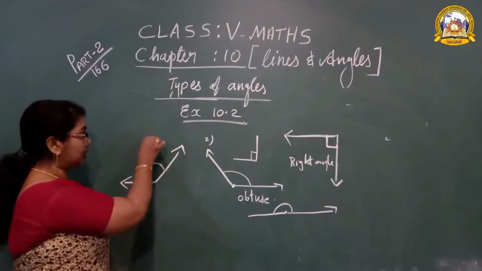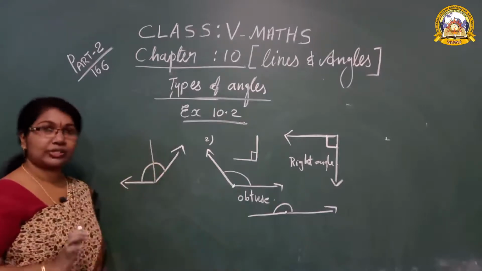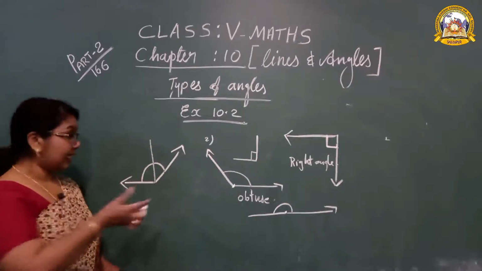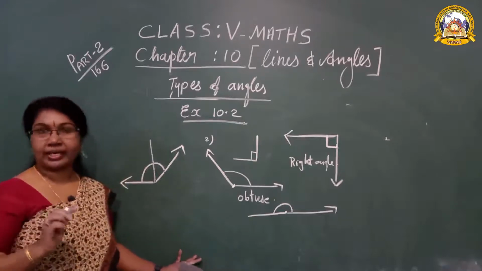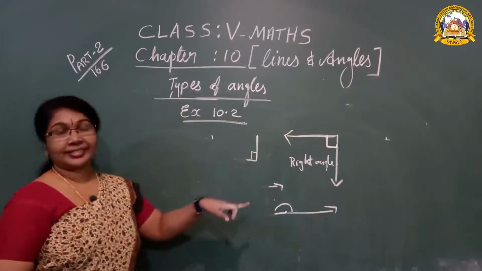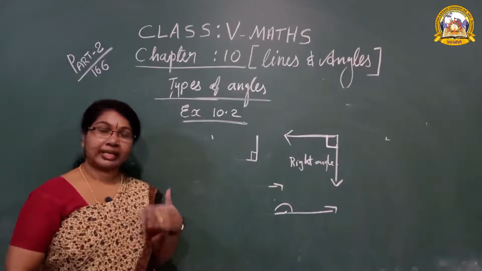Obtuse angle. That means this is, students, 90. More than 90, it is obtuse angle. While seeing the angle shape, we have to identify it is what type of angles. Blackboard corners, examples of right angle. Your table corner, right angles.